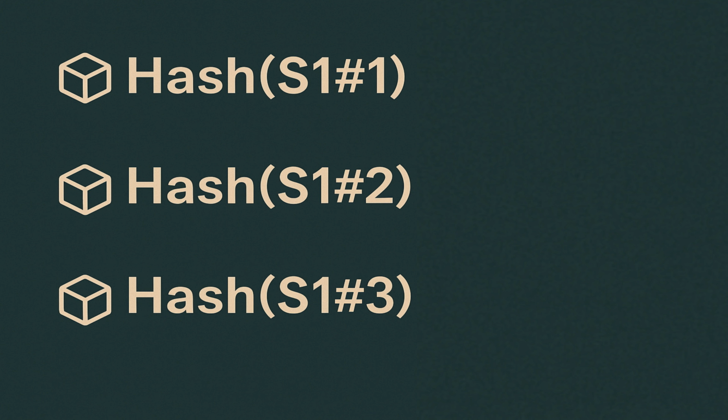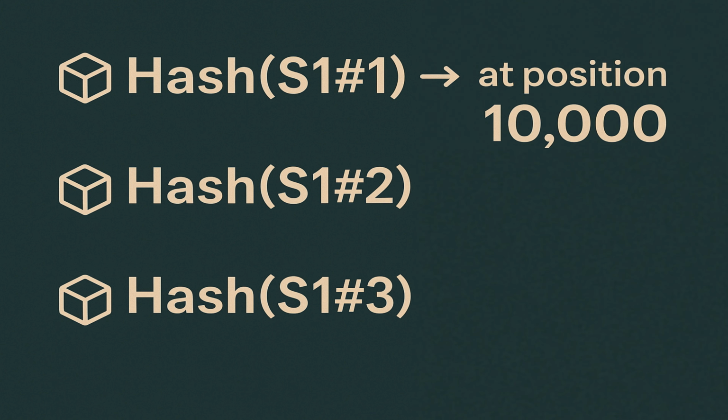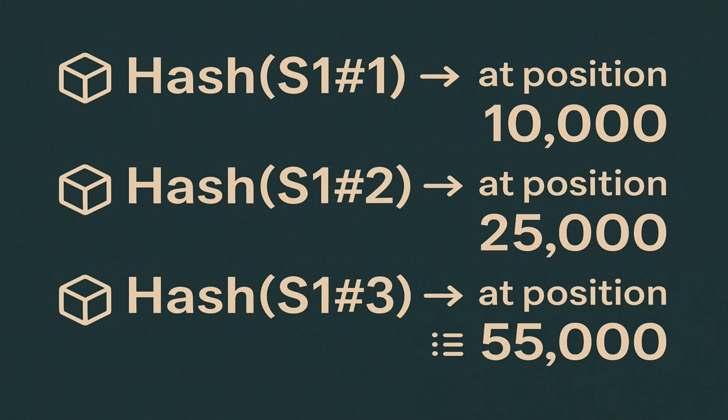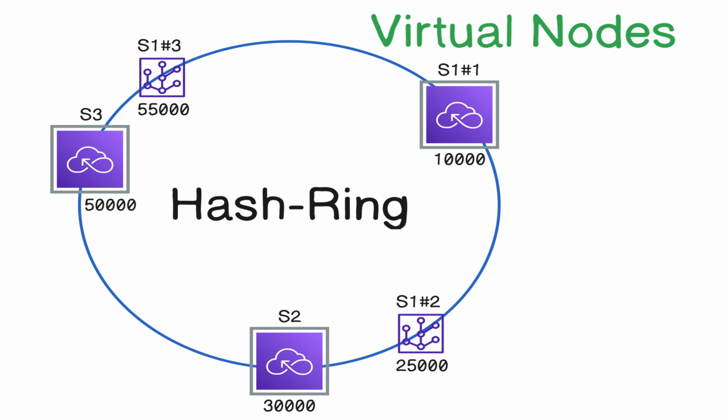So we will get the hash of S1#1 at position 10,000, the hash of S1#2 at, let's say, 25,000, and the hash of S1#3 at position 55,000. Each of these is a virtual node for S1, and all of them still point to the same physical server S1.